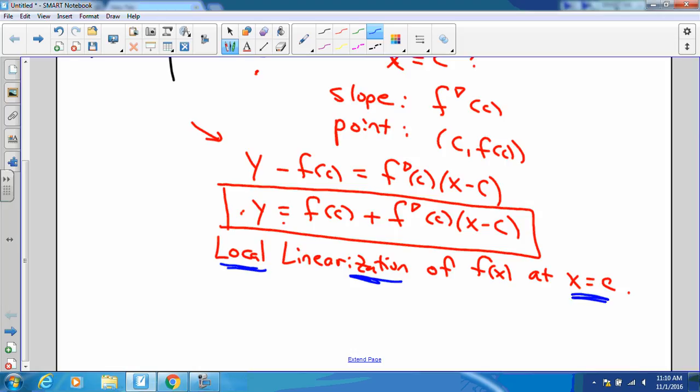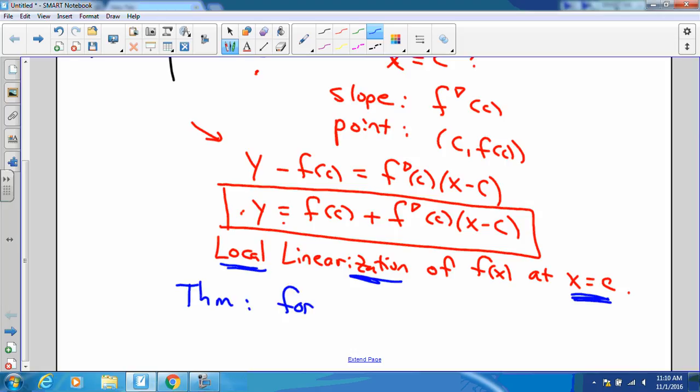And our linearization is at a specific point x equals c. It is only valid for x's close to that c. So here is the theorem that goes with our local linearization, and I will not prove it at this time, but we're going to see this again later. And our theorem is this.